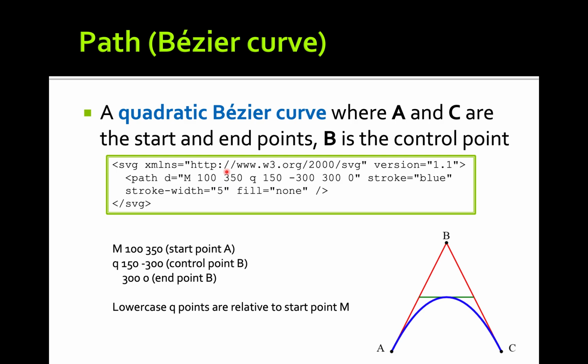Normally on our screens, our 0 0 point is the top left corner of the screen, but when we use the lowercase letters of these path commands, the m, the first point where we are right now, becomes the origin 0 0, and all the other points will be relative to that.